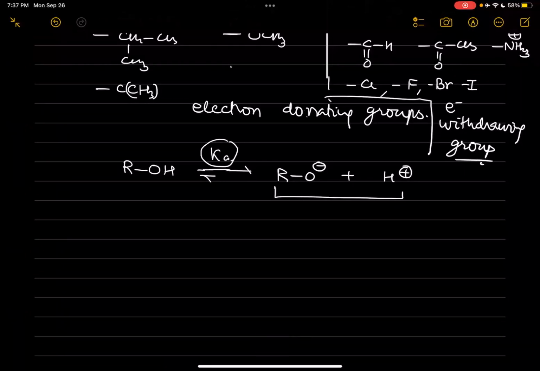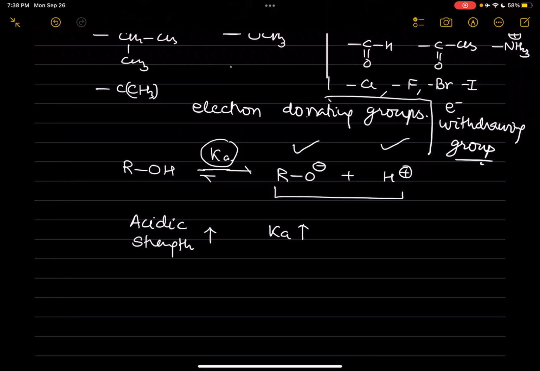So if the acidic strength increases, the equilibrium constant is also going to increase, because it is measured by the concentration of the products, right? So a more acidic alcohol has a higher equilibrium constant Ka value.